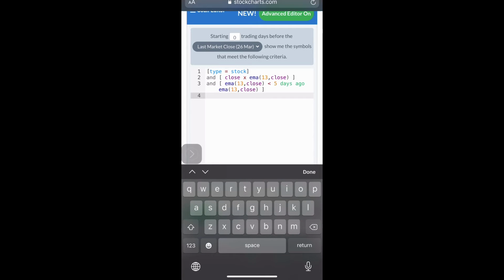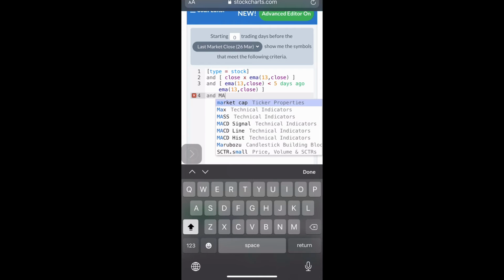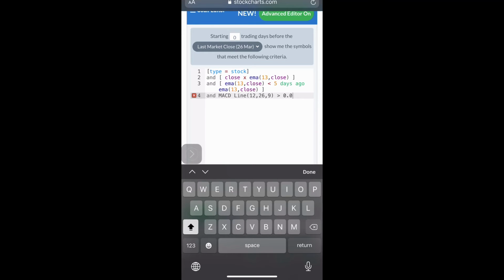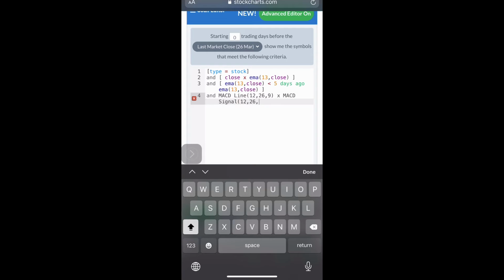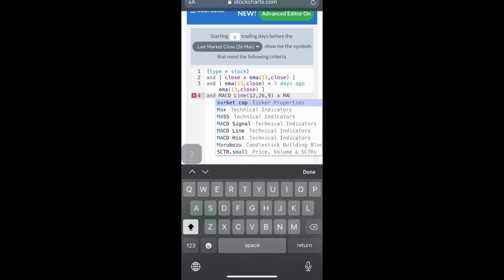And so here we're going to add the MACD. Line has crossed the MACD signal, right? Oops. And we do actually want those numbers. So let's go ahead and add it again.